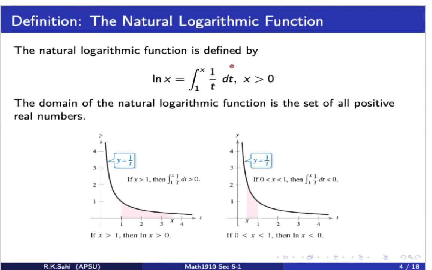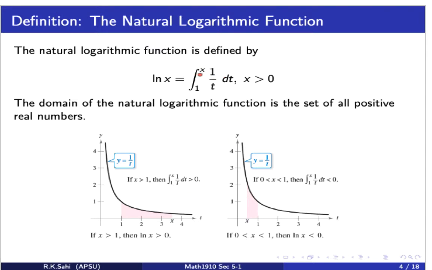The natural logarithmic function is defined as natural log of x equals the integral from 1 to x of 1 over t dt, where x is positive. The domain of this natural logarithmic function is the set of all positive real numbers. If x is strictly greater than 1, natural log of x, the integral, is always positive.